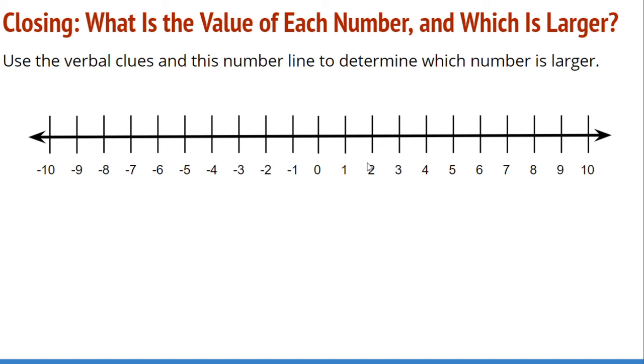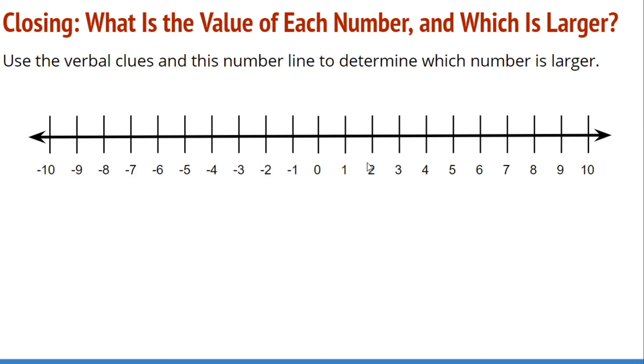But I will try and read it to you. It says the first number is 3 units to the right of -1. So find the -1 and go 3 units to the right. The second number is 5 units to the left of 4. What is the value of each number and which is greater?